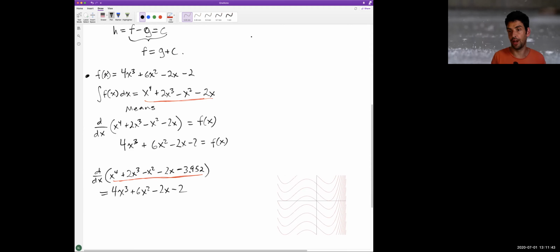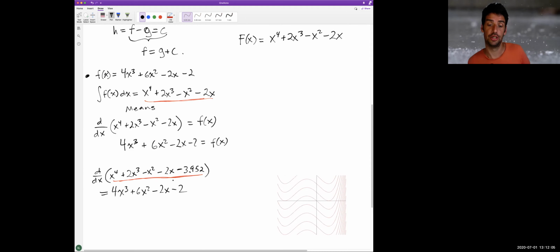So in other words, I could say something like this. I could let capital F of x be equal to x to the fourth plus 2x cubed minus x squared minus 2x. This is an antiderivative of f. But as we saw, this constant where I subtracted this constant is also an antiderivative. I mean, it wouldn't matter which constant I added or subtracted here.